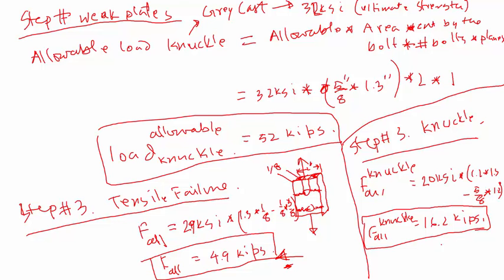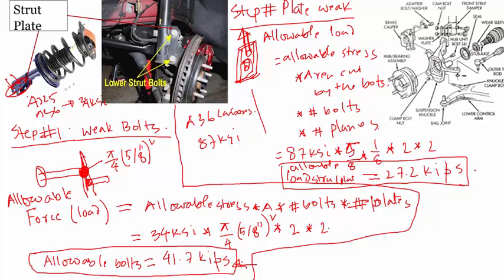For this knuckle, it will take 16.2 thousand pounds, because the knuckle is made of a different material than the strut plates. You can also point out that the maximum the bolt can take is 41.7, the maximum the plate can take is 27, and so on. So you report all of these.